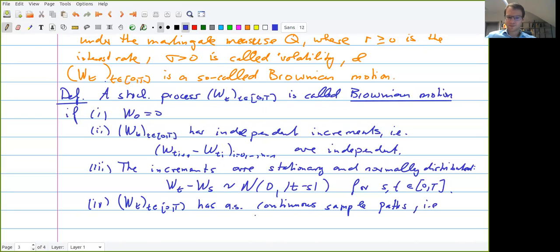Again, what does it mean? So if I look at the function, this is continuous for almost all omega in Omega.